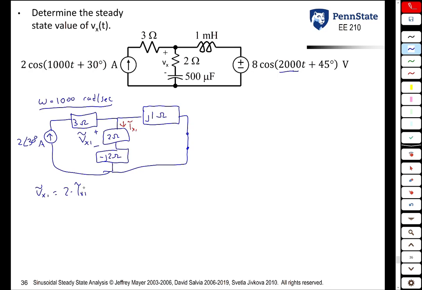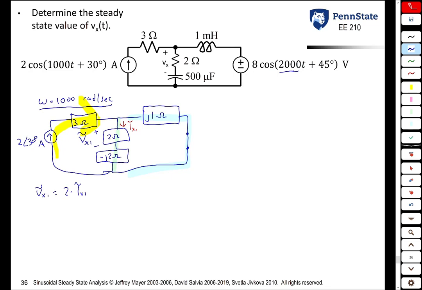Well, we can use current division for that. The total current going into the two branches on the right is 2 at an angle of 30 degrees amps. Some of it is going to go through this branch, some of it is going to go through that branch. So from current division, Ix1 is equal to what?